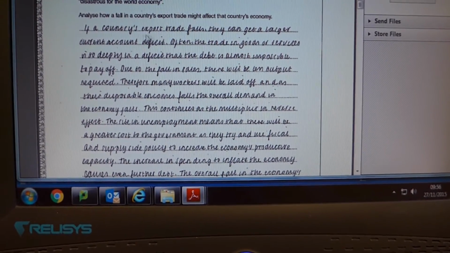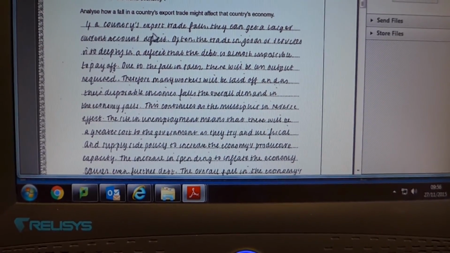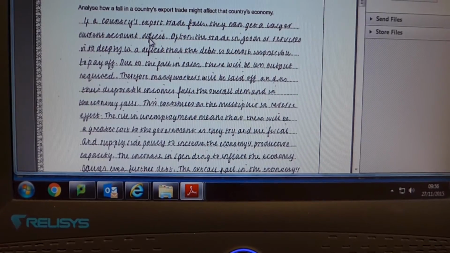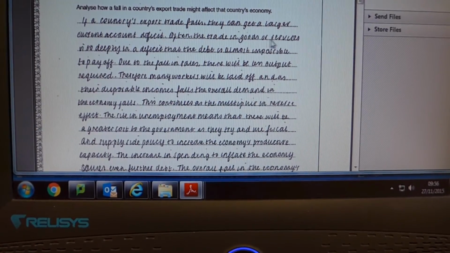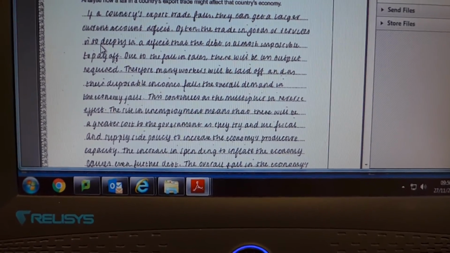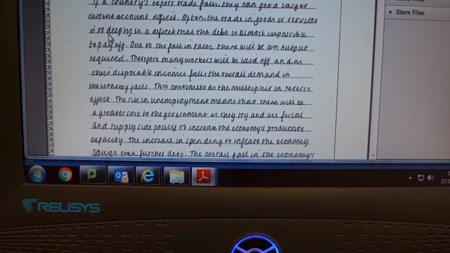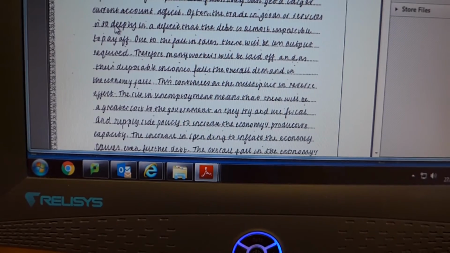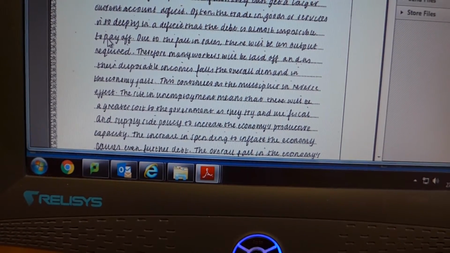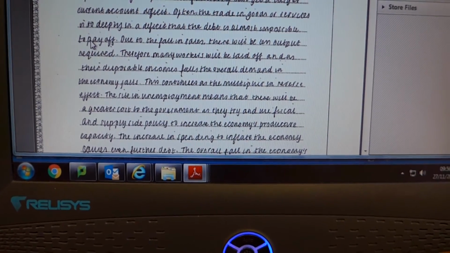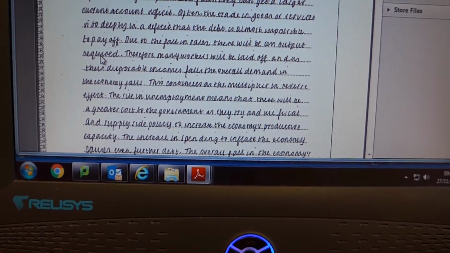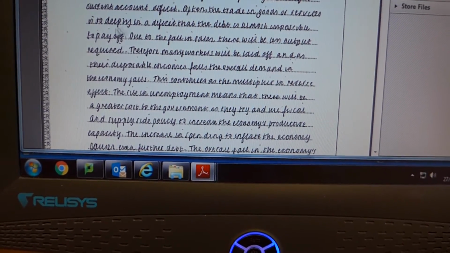So what's this candidate written? If a country's export trade falls, they can get a larger current account deficit. Often the trade in goods or services is deeply in a deficit, that the debt is almost impossible to pay off. Due to the fall in sales, there will be less output required. I would ignore that little bit there about the debt.